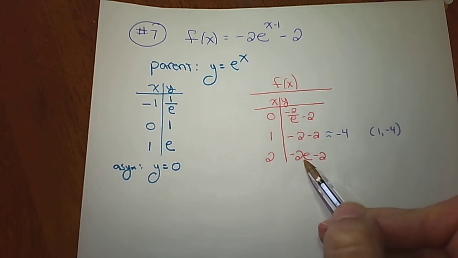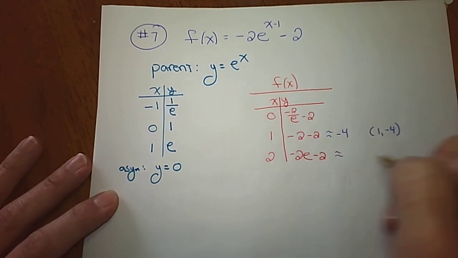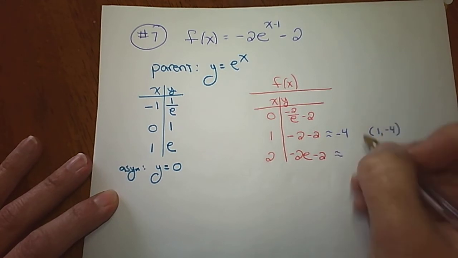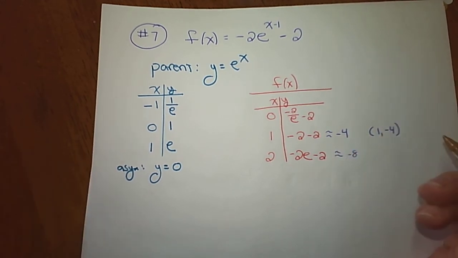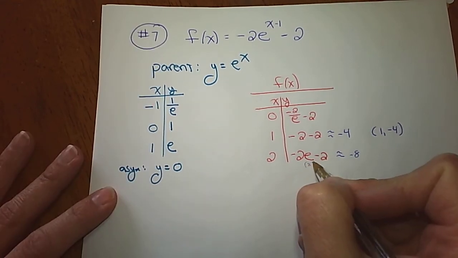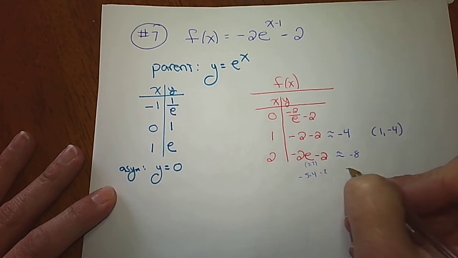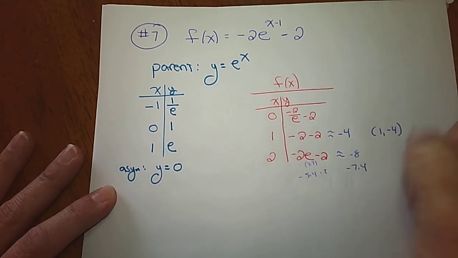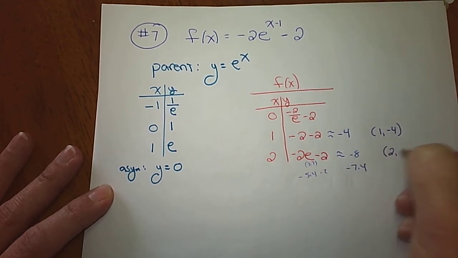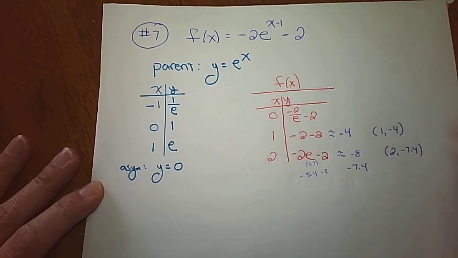That's negative 6 minus 2, which is approximately negative 8. If you want to be a little more specific, with 2.7 you could say negative 5.4 minus 2, so negative 7.4 would be a little bit better. So you could do 2 comma negative 7.4. Just need to get in the ballpark.